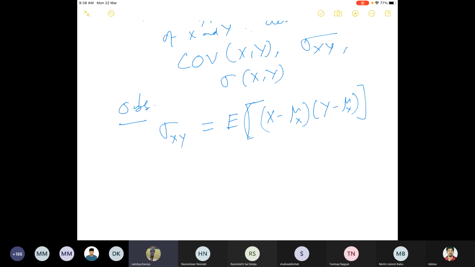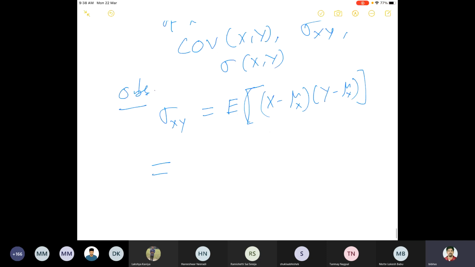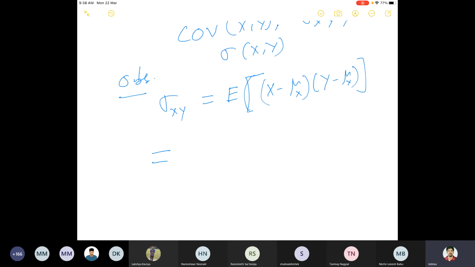Yes, sir. You are audible. Okay, so here now we are defining some similar thing which is called covariance, because there are two random variables. So this is expectation. Otherwise, you can just say expectation of x minus mu x times y minus mu y.